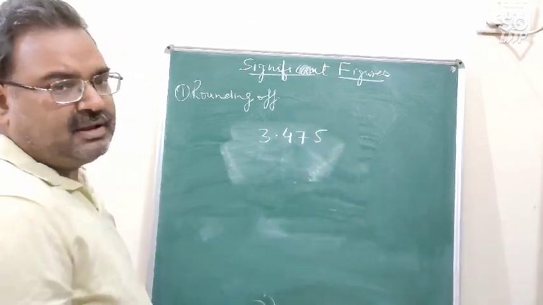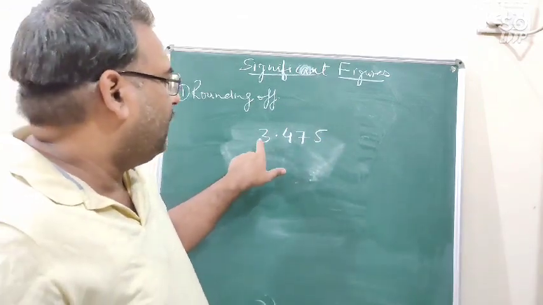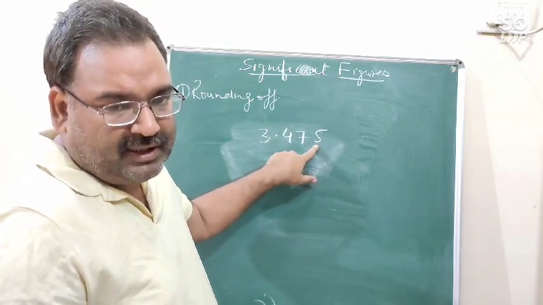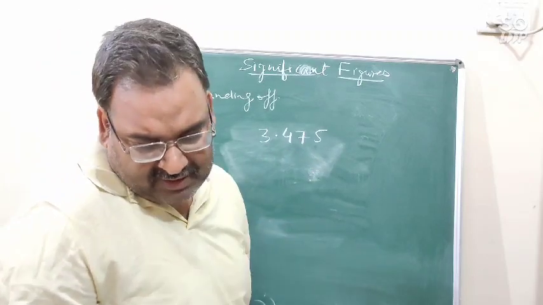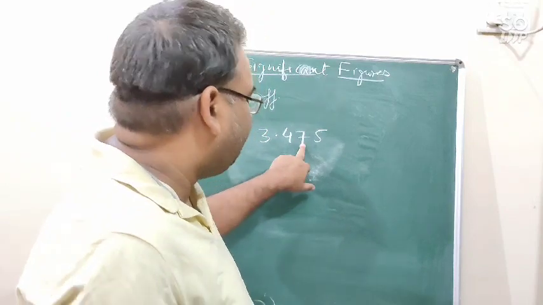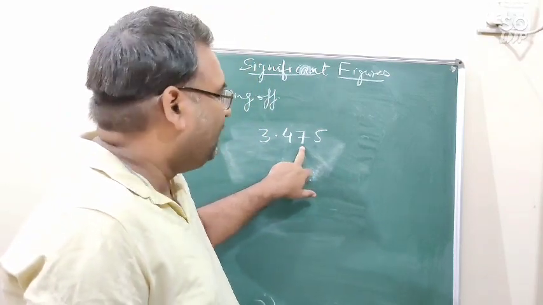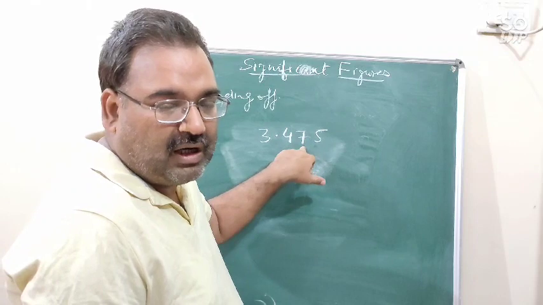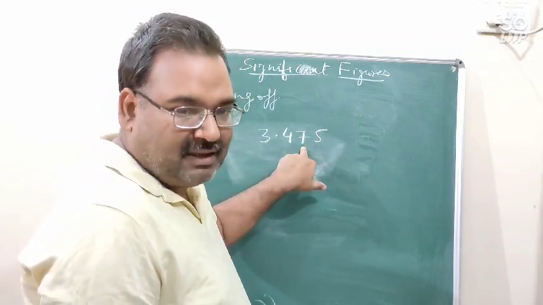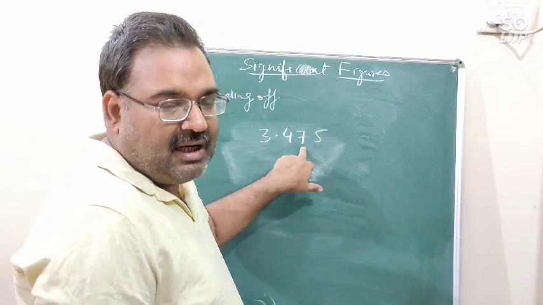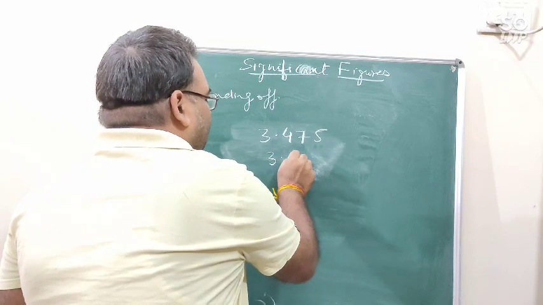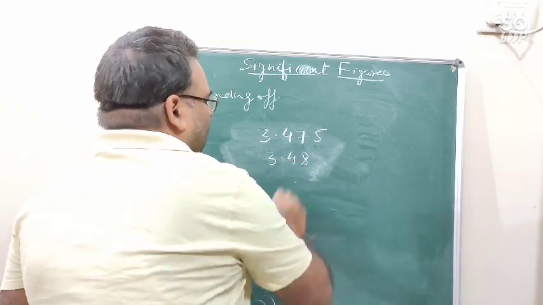Now it is to be rounded off to three significant figures. The last digit is 5, and the second last digit, 7, is an odd number, so we will add 1 to it. After rounding off we will get 3.48.